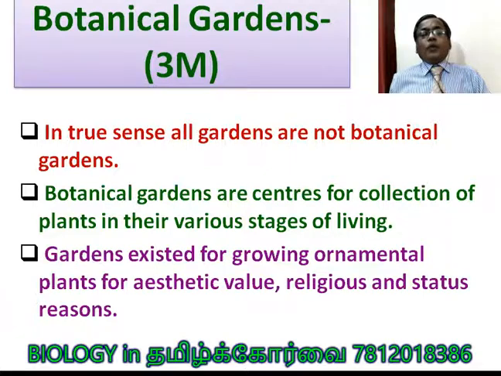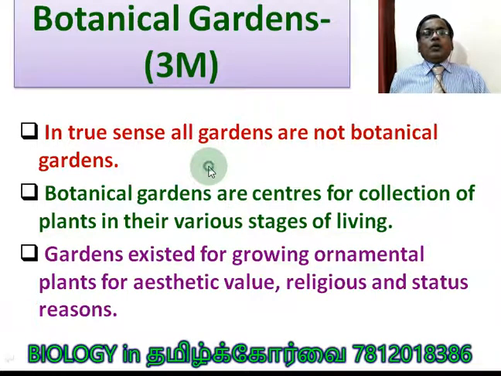Gardens existed for growing ornamental plants, the plants which are grown for their beauty and attraction. So there are some gardens which give some happiness; they have aesthetic value. Some gardens are religious in nature, and some gardens have some status. Only some people can enter those gardens.